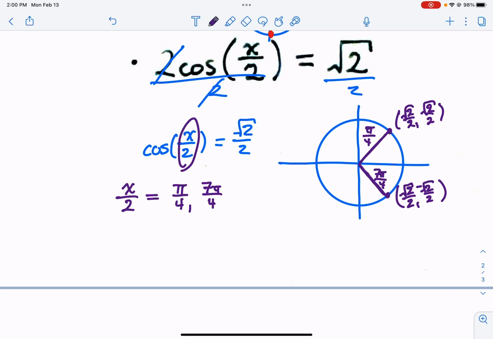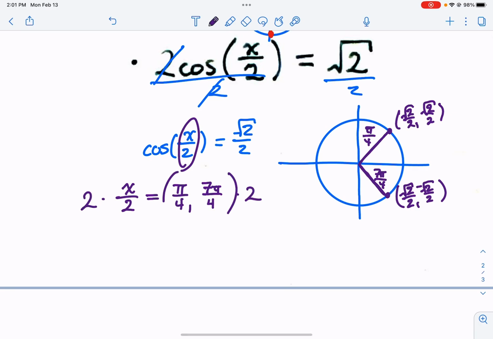Well, remember, these angles make cosine spit out radical 2 over 2 if the entire input of cosine is equal to this angle or this angle. But the input of cosine here is an expression that has more stuff to it. So we actually have to whittle it down now that we have this equality and solve specifically for what x should be. So what we would want to do is multiply both sides by 2.